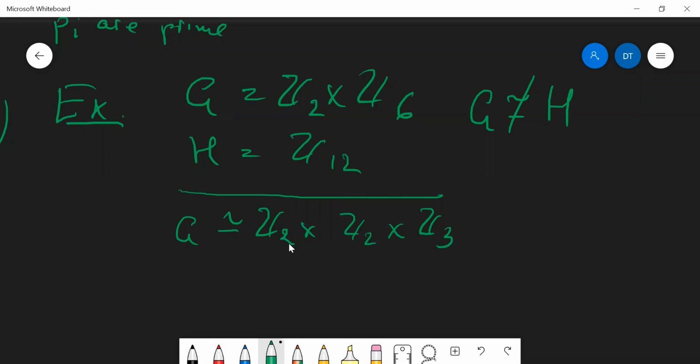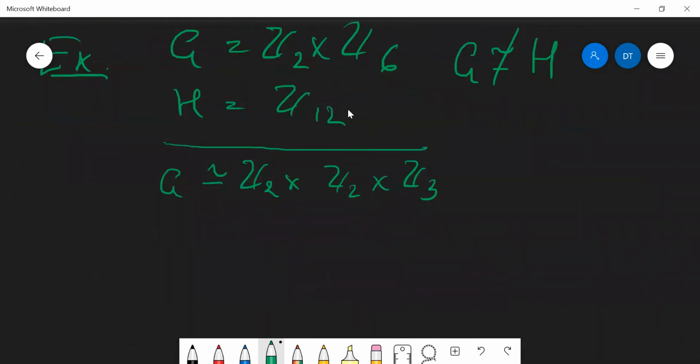Here is the first power of 2, then the first power of 2, and the first power of 3. And you see 2 and 2, they may repeat here. And in the second case, if you apply the Chinese remainder theorem to the group H, then 12 is a product of 3 and 4, they are coprime.